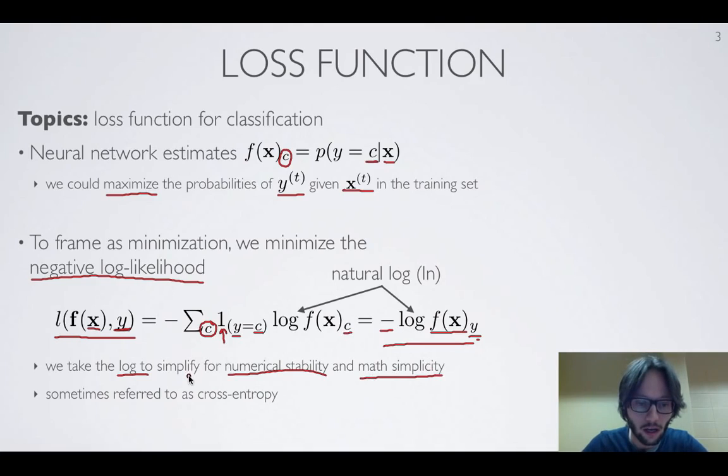This loss is also known as the cross entropy. If you know a little bit about information theory, the cross entropy between two distributions takes this form.